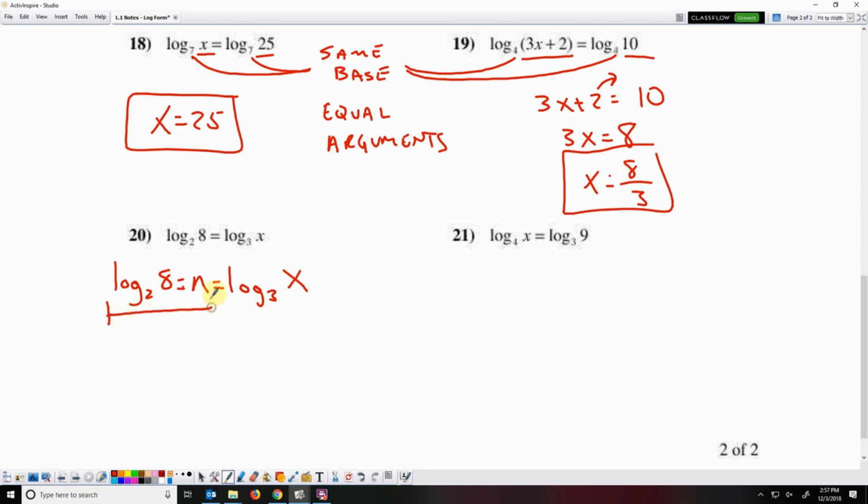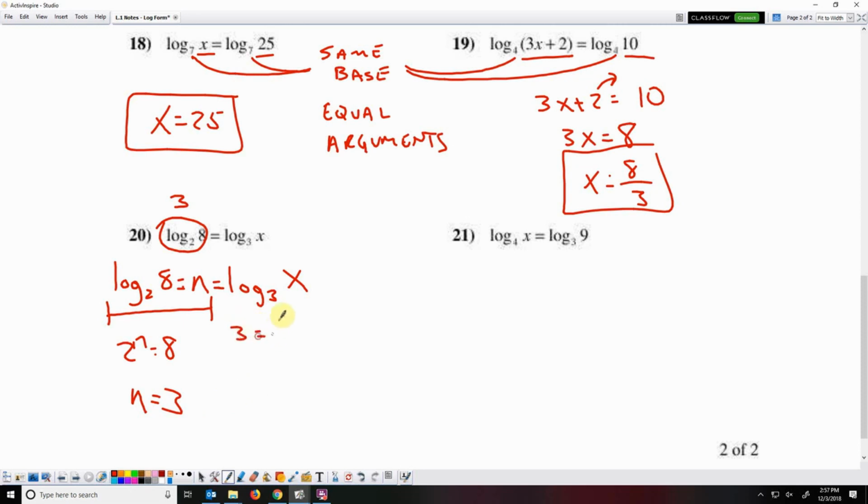I can solve this. So 2 to the n power equals 8. 2 to what power equals 8? 2 times 2 times 2 is 8. So n is 3. So this right here has a value of 3.